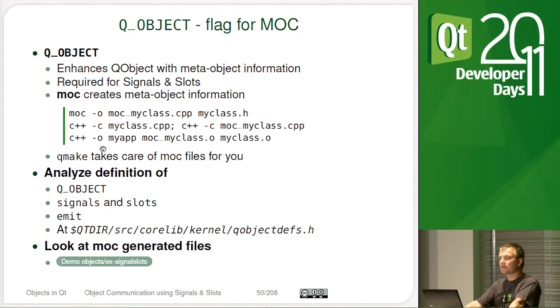And qmake automatically takes care of everything. That means whenever you specify the QObject macro within your header file, everything is done automatically for you. But whenever you see some extra files called moc_something.cpp, this is the meta object information system.